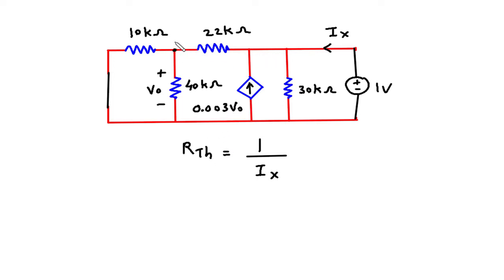Let's say this is node VO and this will be node of 1 voltage. So let's say VA is equal to 1 volt. Let's say this is a reference node.